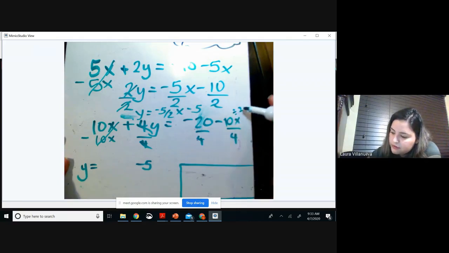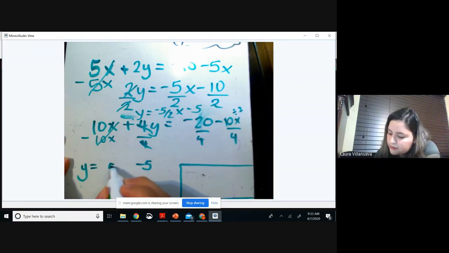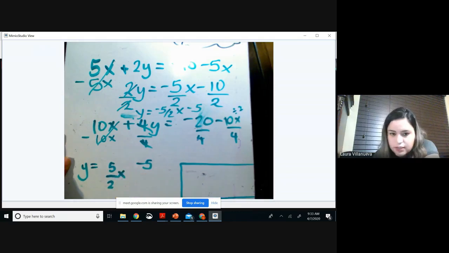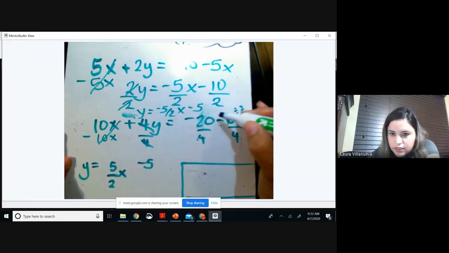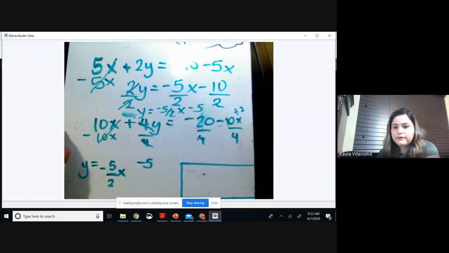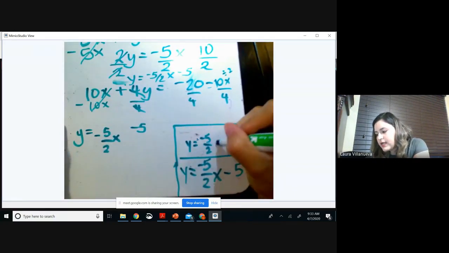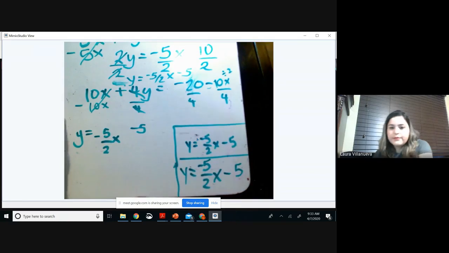So 10 divided by 2 is 5. 4 divided by 2 is 2. And then it has an x, so make sure that you include that x. And it's also a negative, so make sure you include that negative. I'm going to rewrite it on my box so I can actually look at both of them.